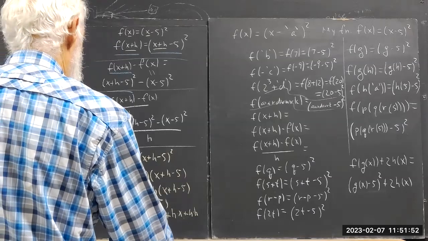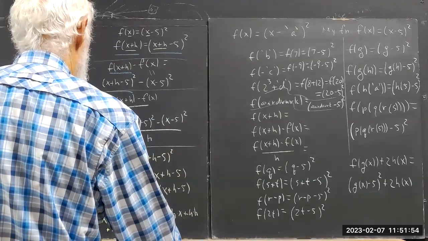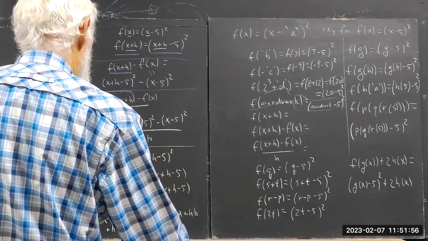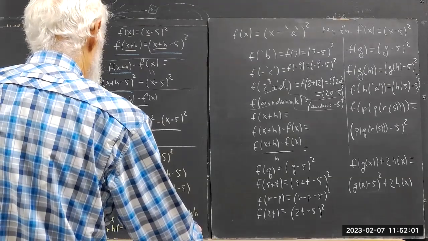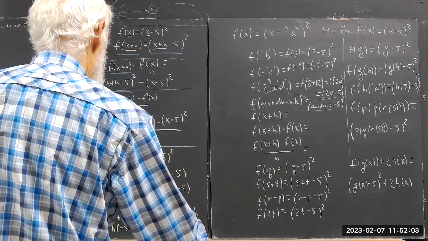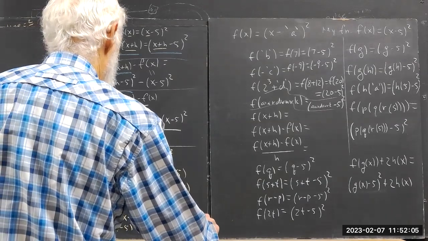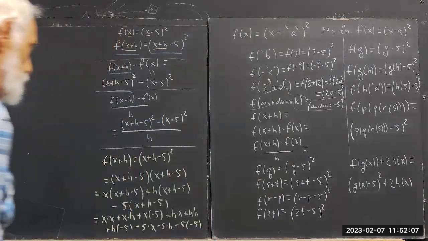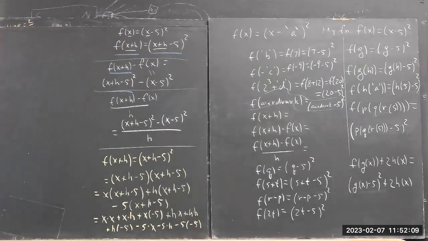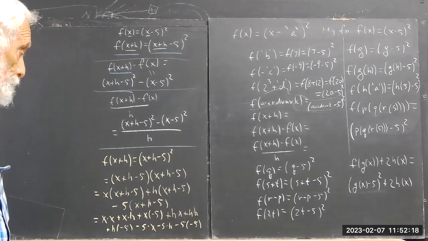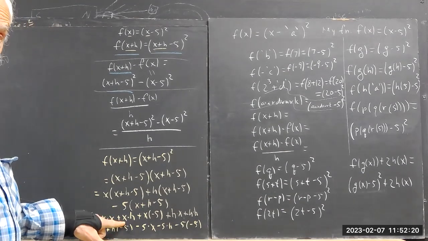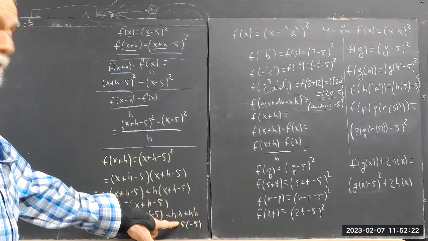And then minus 5 times x, minus 5 times h, minus 5 times negative 5. Now you can do more with it, but there's your distributive law. You've got an x times h here and an h times x here.